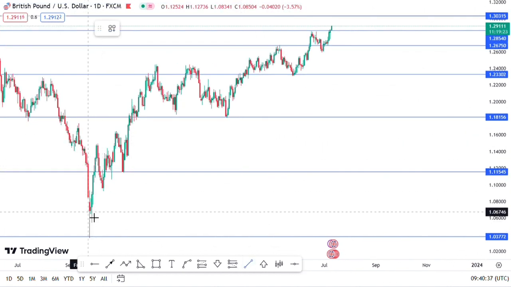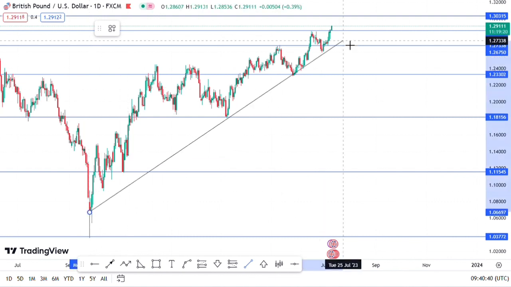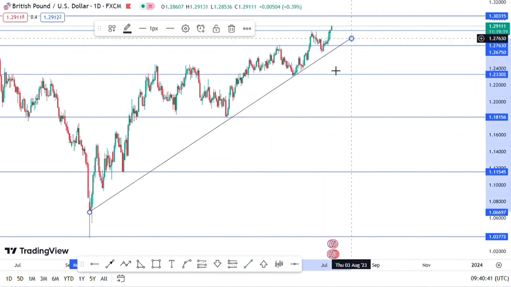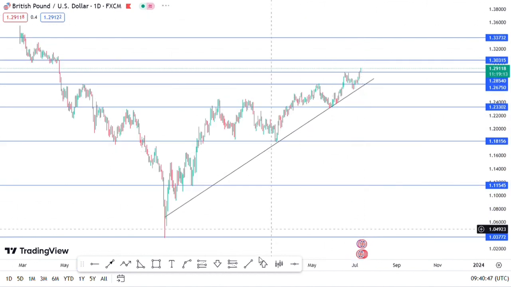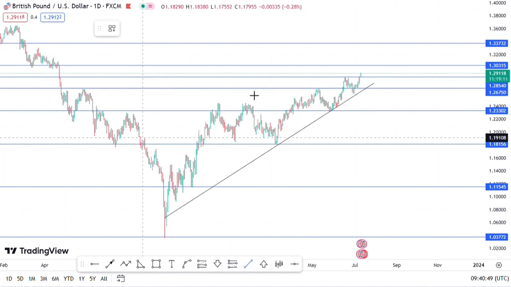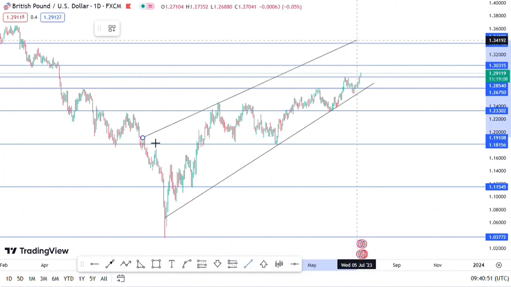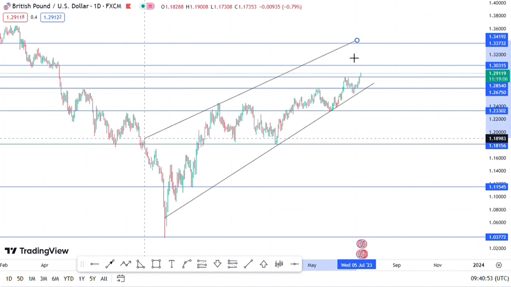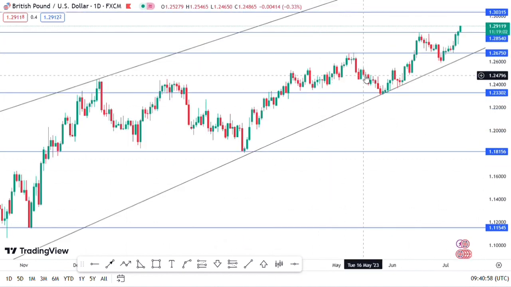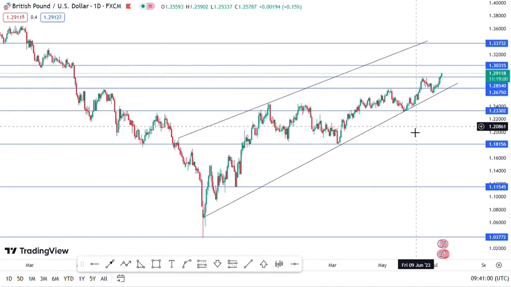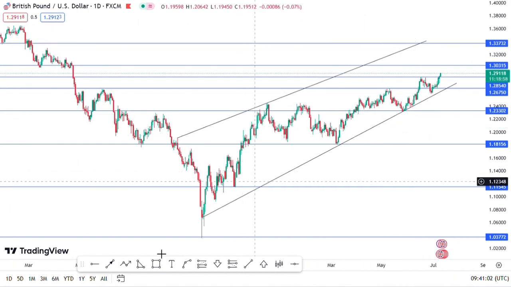And then here we got our resisting and our supporting trend line. Here I'm putting my supporting trend line, and then my resisting trend line. We have seen that we are on an uptrend.